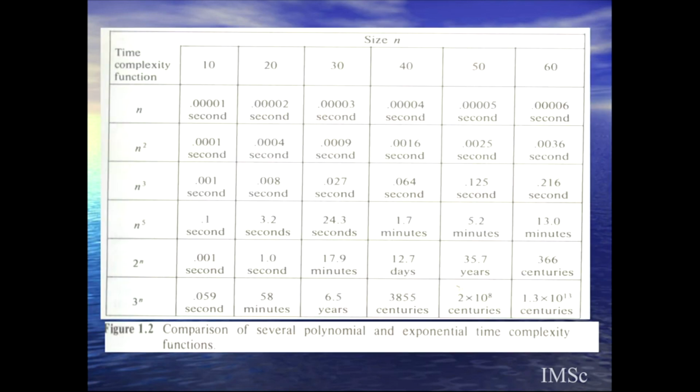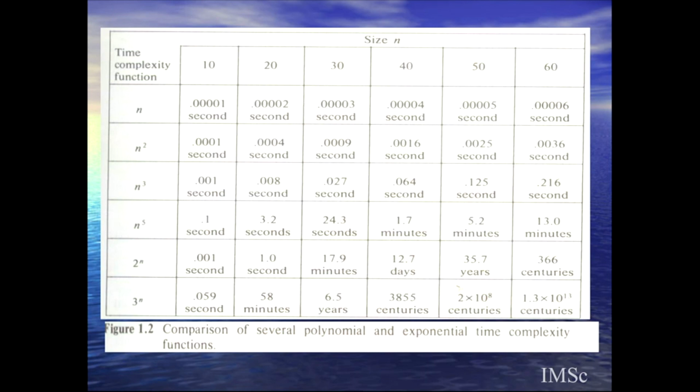Okay, now why do we care about this polynomial time so much? So here is an illustration. If your problem size is, let's say, 50 and you have a linear time algorithm, this is from a table about 40 years ago.